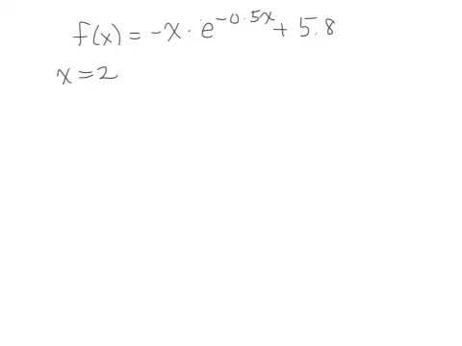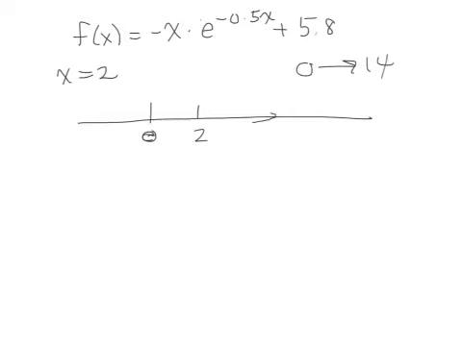We have 0 to 14, so 2 certainly fits in there. And now we need to evaluate it at this point. To determine if it's a max or min, we're going to be looking at this number on a number line. So we've got positive 2, and we want to check our endpoints, from 0 to 14.